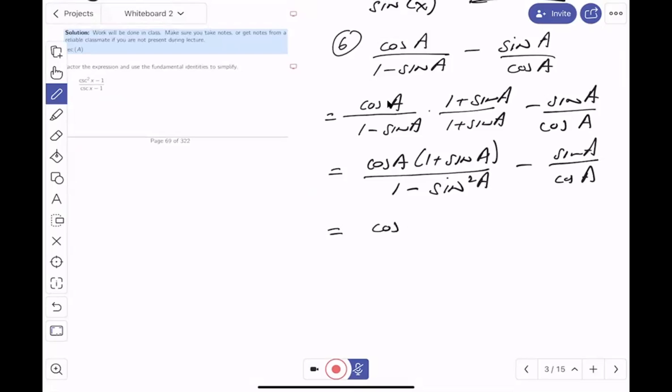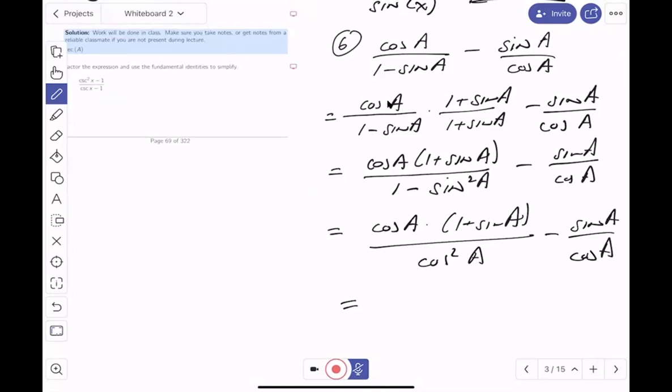And this is cosine of a times 1 plus sine a. And the bottom is cosine squared a, Pythagorean identity. There's a cancellation of a cosine, and you're left with 1 plus sine a. And you're left with 1 factor of cosine a in the bottom.